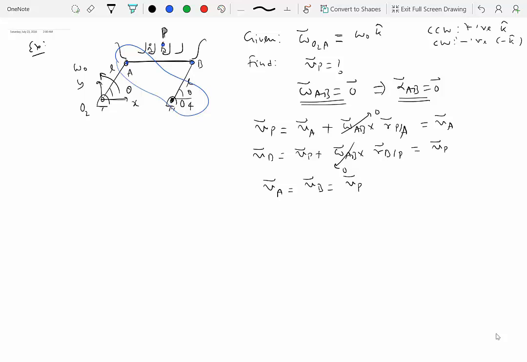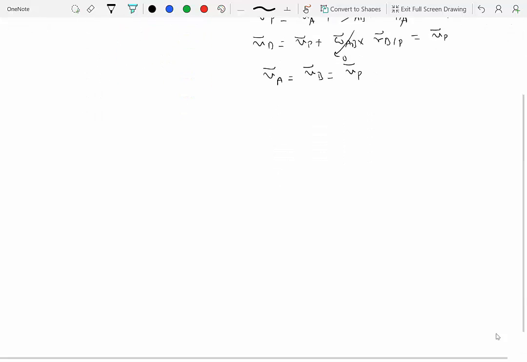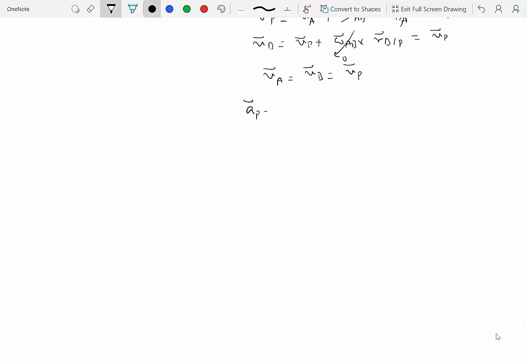They all have the same velocity, and that is a property of a rigid body that is translating. Every point has the same velocity, and you will have the same relationship for the acceleration. So if you write the acceleration of P choosing A as a reference point, you have A_P equal to A_A plus omega AB cross omega AB cross R of P with respect to A plus alpha AB cross R of P with respect to A.